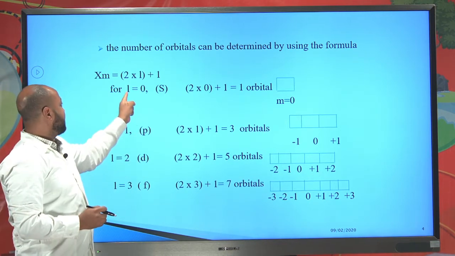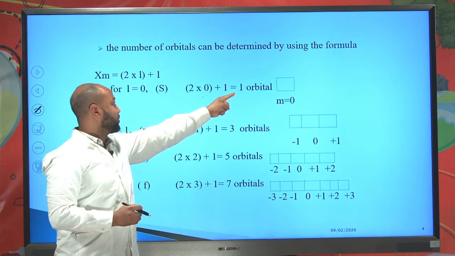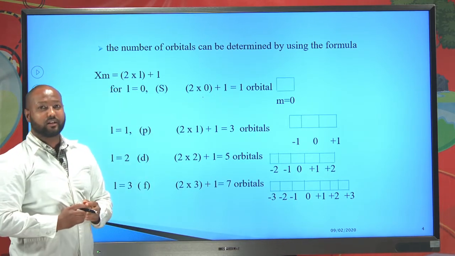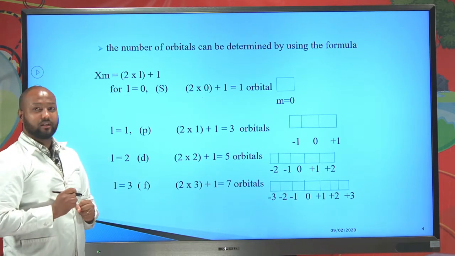If the L value is 0, 2 times 0 plus 1 equals 1. It means the subshell has 1 orbital.